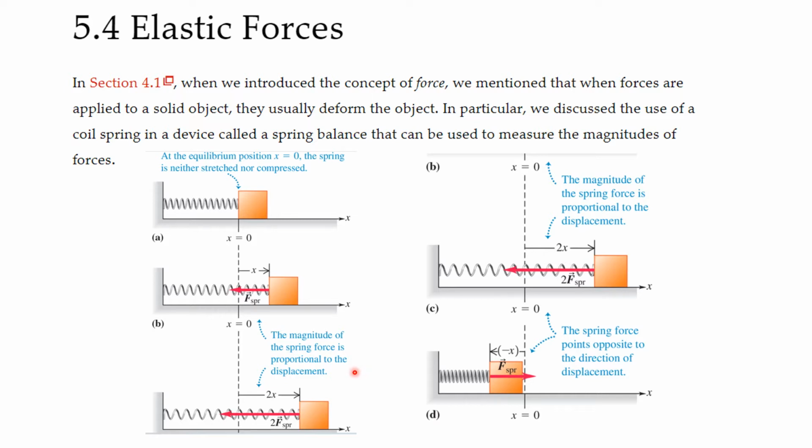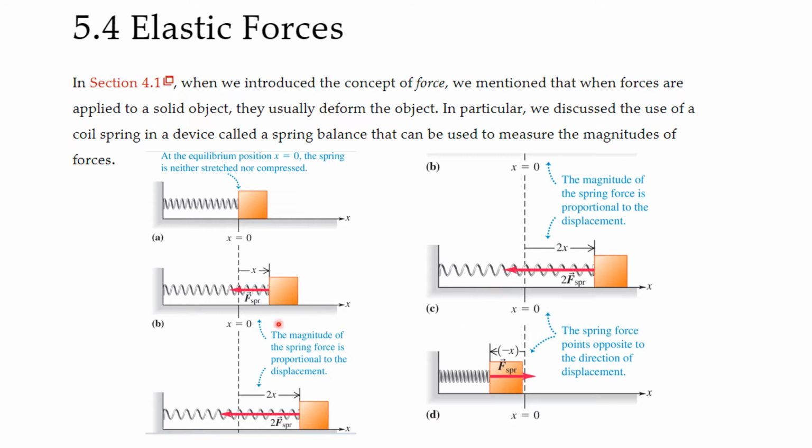When we do that, the force of the spring tends to pull you back as you move out to x. And if you went out to 2x, that would be twice the force of the spring, because the more you pull out, the more the force of the spring pulls you back.